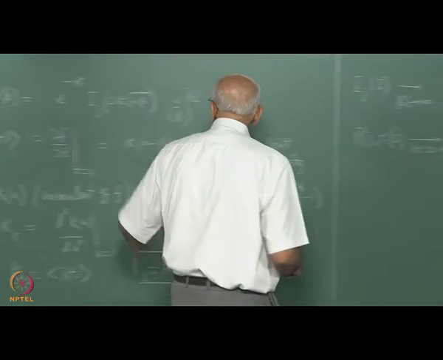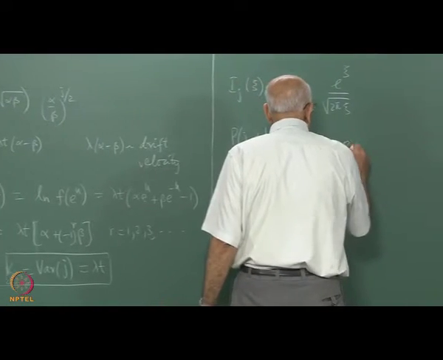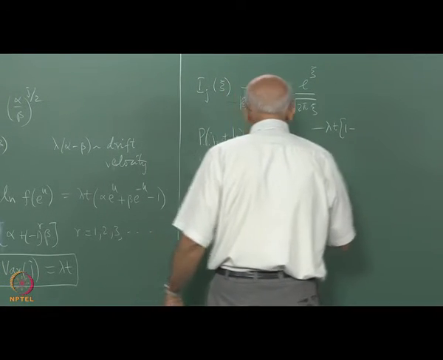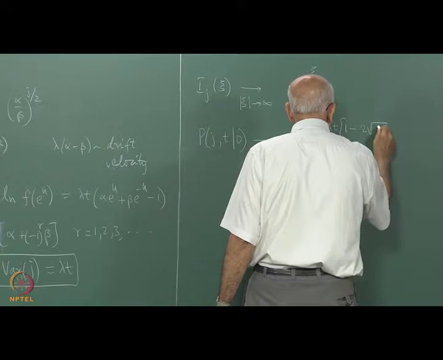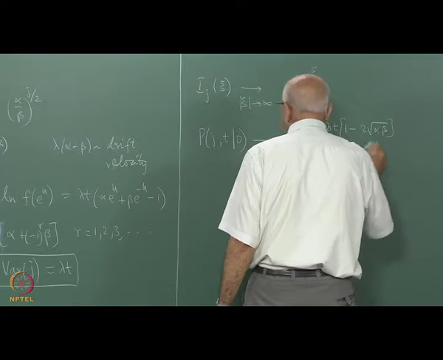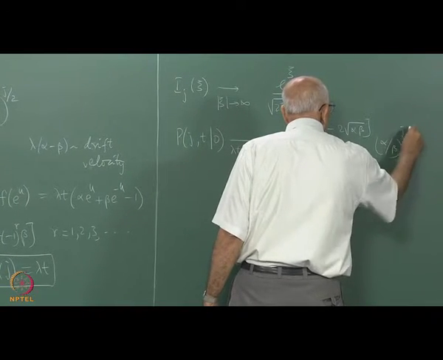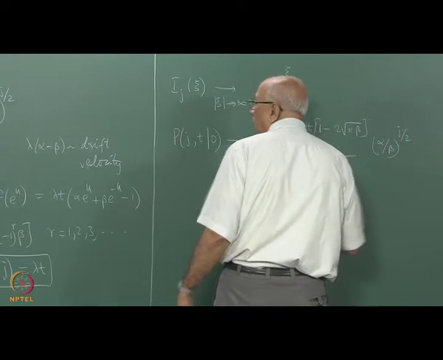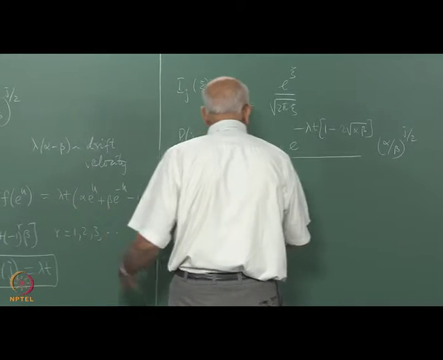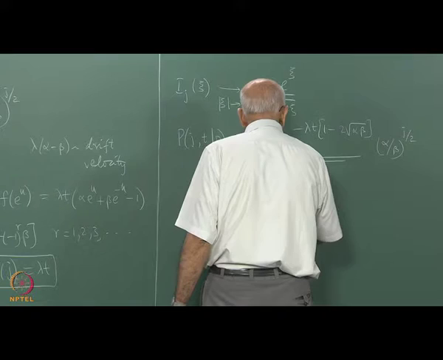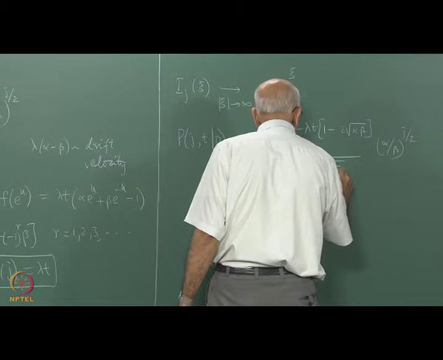This tends to e to the minus lambda t times [1 minus twice square root alpha beta], and then alpha over beta to the j over 2, divided by square root of 4 pi lambda t root alpha beta.